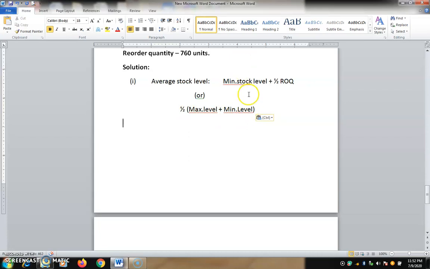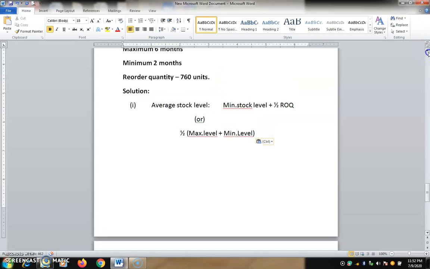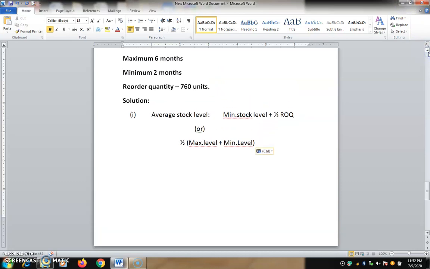So these are the two formulas which help to calculate the average stock level. Actually, in this problem, these stock level computations are a reverse process, because for calculating average stock level, we need two pieces of information. One is minimum stock level and half of reorder quantity. If you use the first formula, reorder quantity is already available in your problem, so we can apply it readymade.